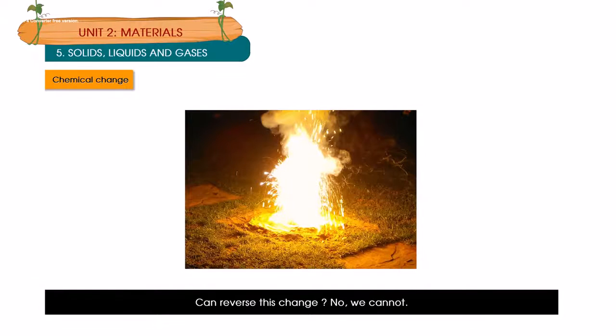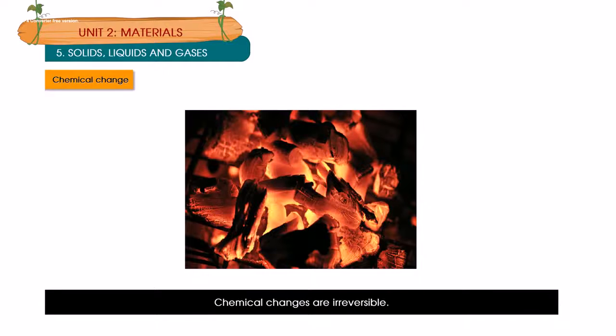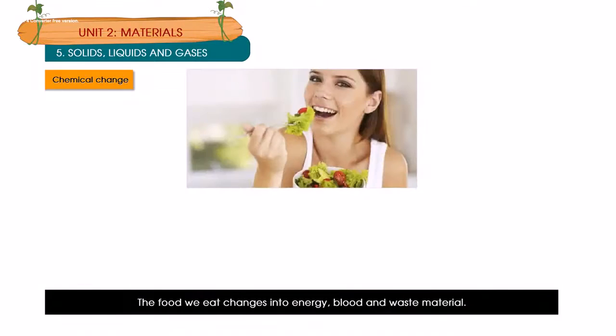No, we cannot. Chemical changes are irreversible. There are many chemical changes which take place in our bodies all the time. The food we eat changes into energy, blood, and waste material.